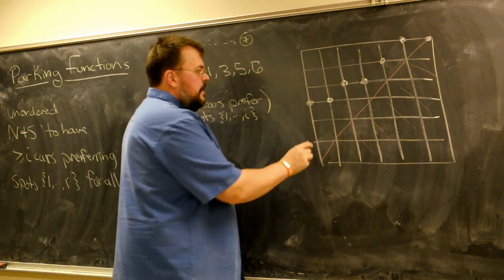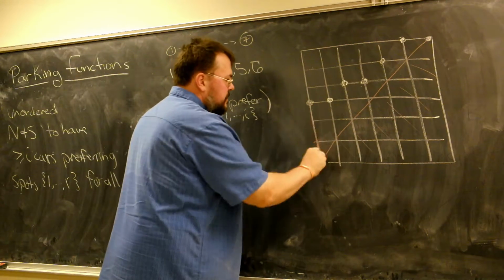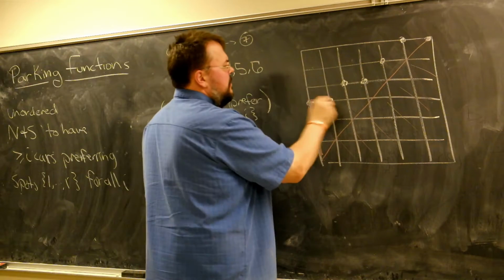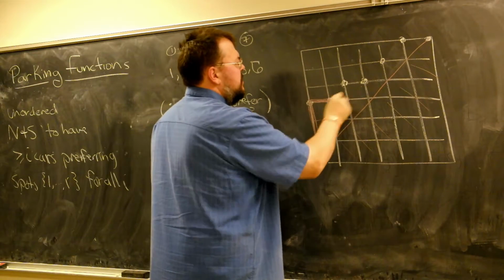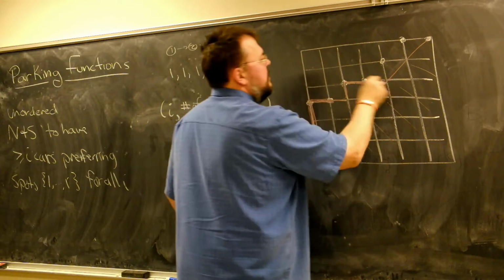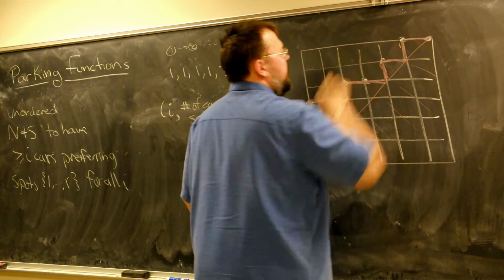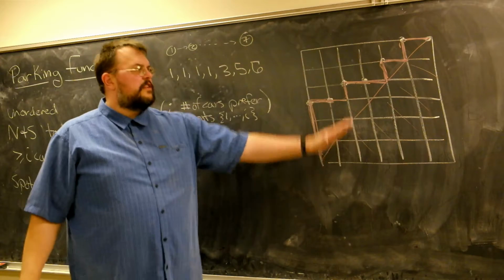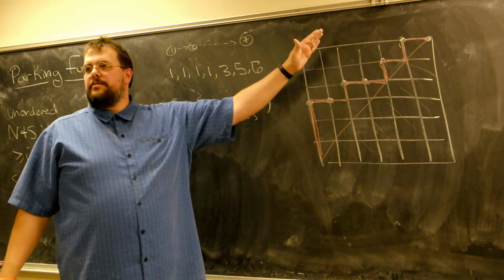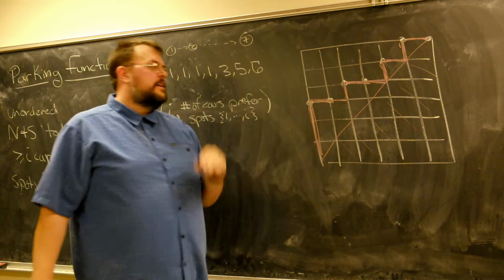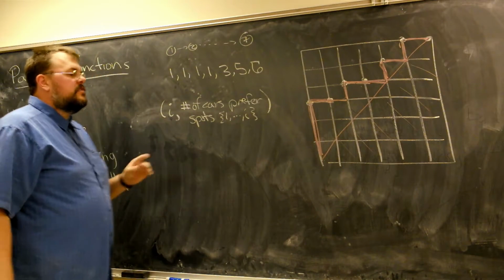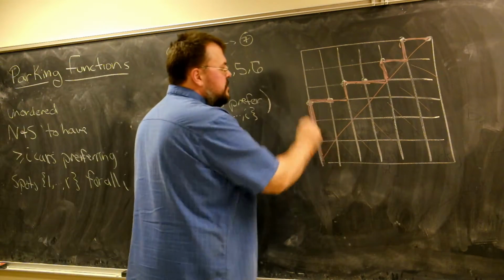And therefore, I can think about this as a nice walk on the lattice, which stays above this line y equals x. And here's the really cool part. These lattice walks are nice numbers.